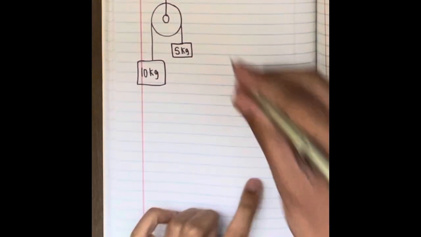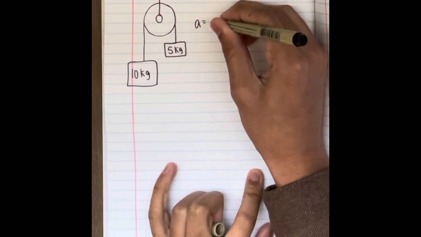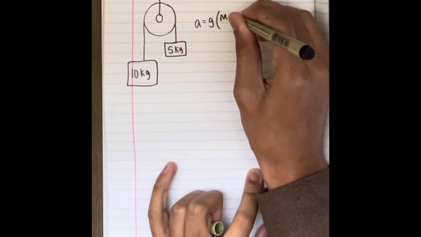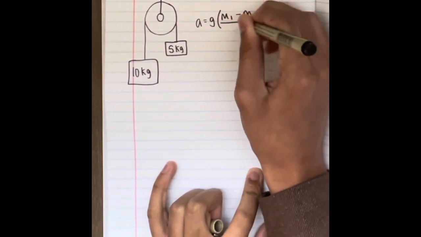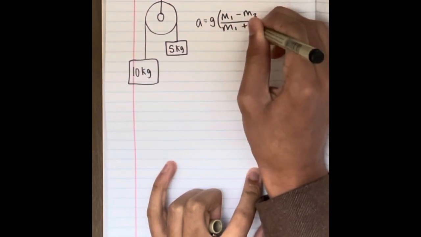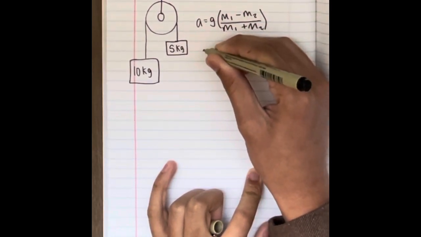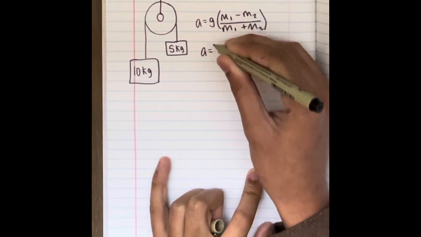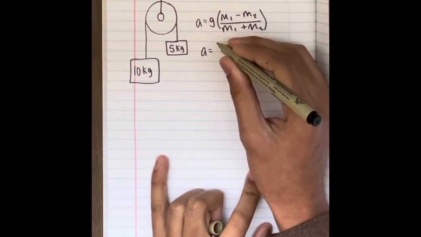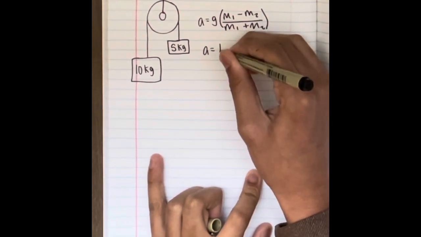So let's do an example. For this example, let's use the equation we derived for acceleration to find the acceleration itself. Okay, so a equals g. We know that g is 10 meters per second squared, so we'll just write it as 10.